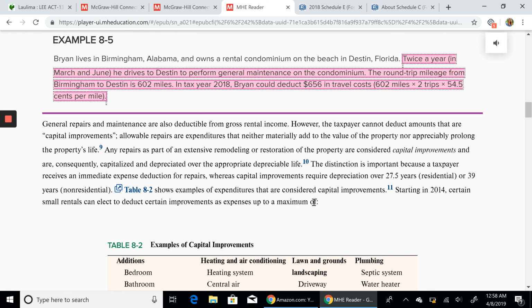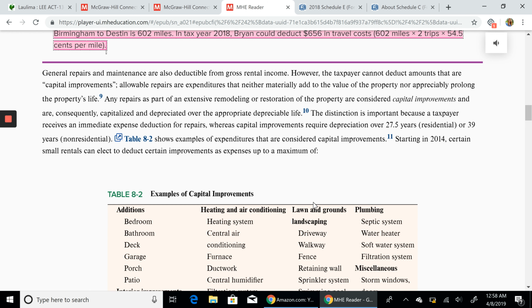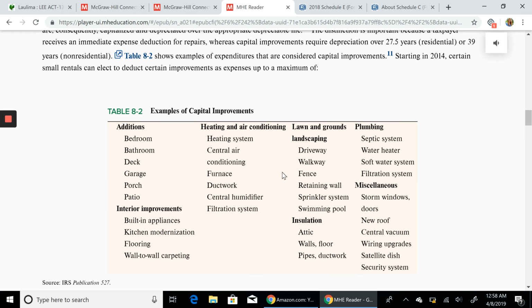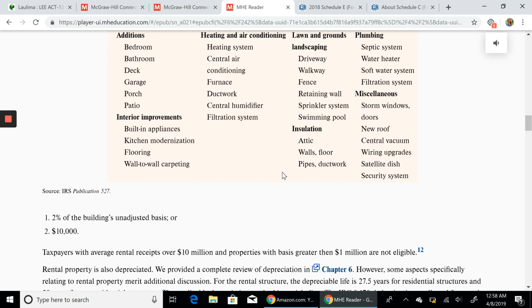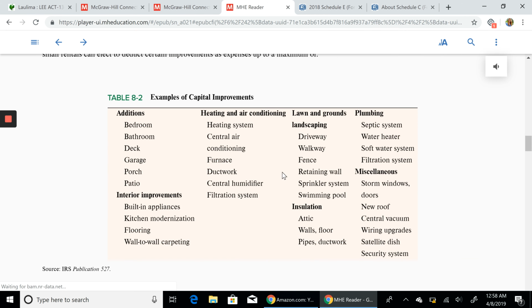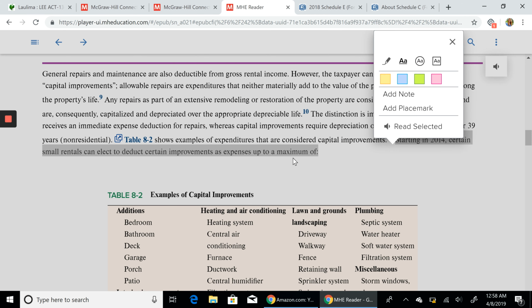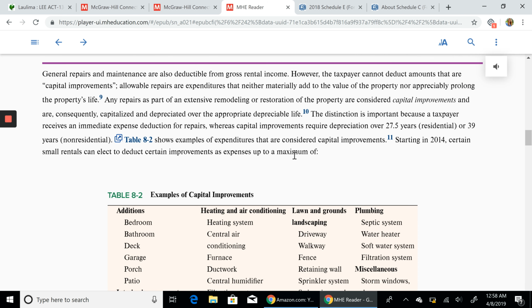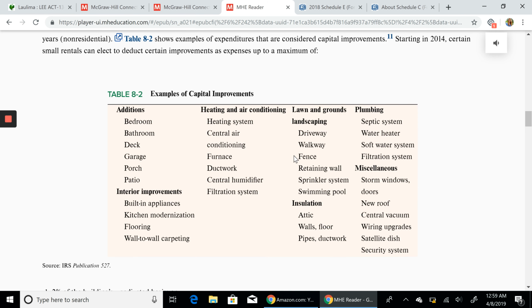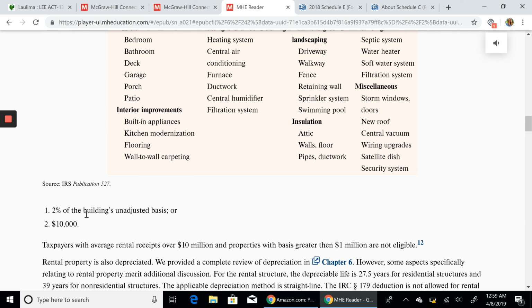Okay. I already covered that this is going into the capital improvements. And this talks more about that. Now, they did make some changes in regards to this. Starting in 2014, certain small rentals can elect to deduct certain improvements as expenses up to a maximum amount of 2% of the building's unadjusted basis.